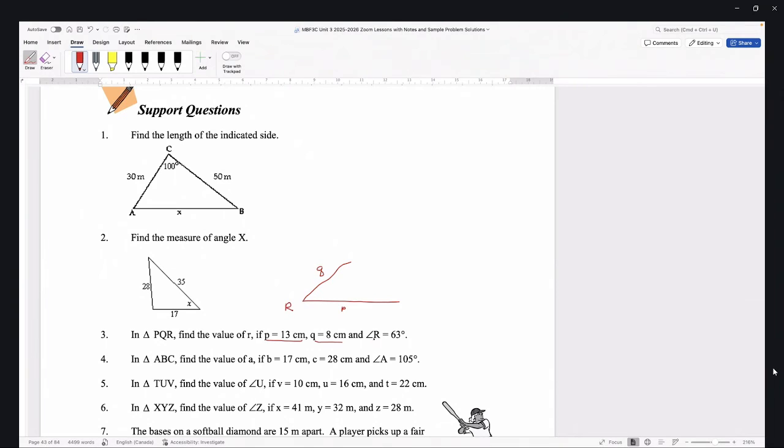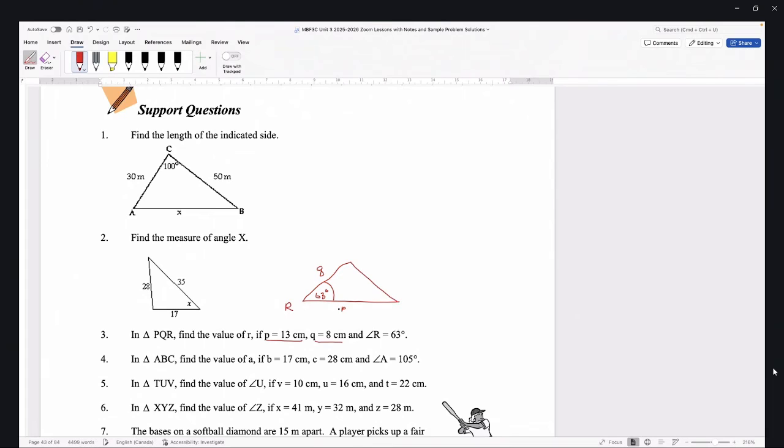This angle right here is R, which is going to be 63 degrees. This should be a straight line, but it's hard to do when you're using a mouse. And then I'm going to finish off the triangle.